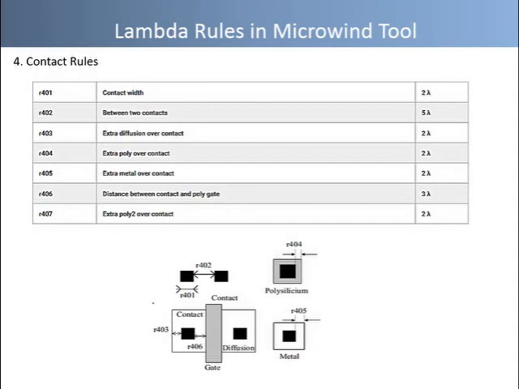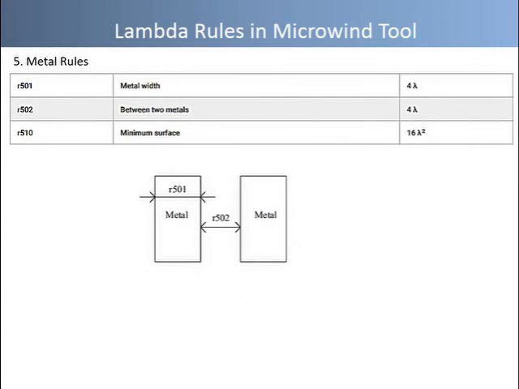According to rule 406, the minimum distance between a contact and edge of a poly gate must be at least 3 lambda. And according to rule 407, there must be extra poly 2 layer over the contact by at least 2 lambda.